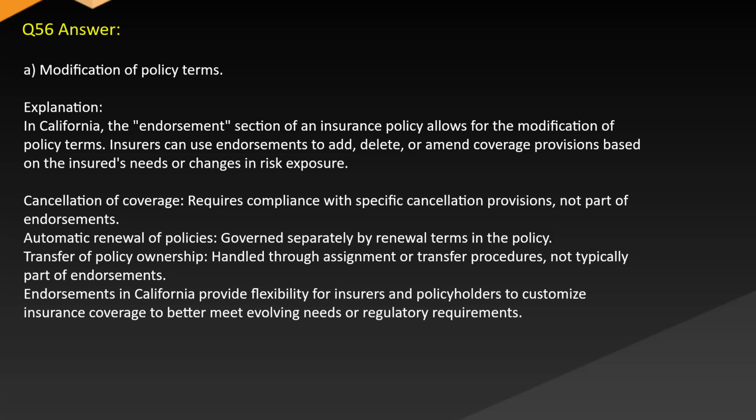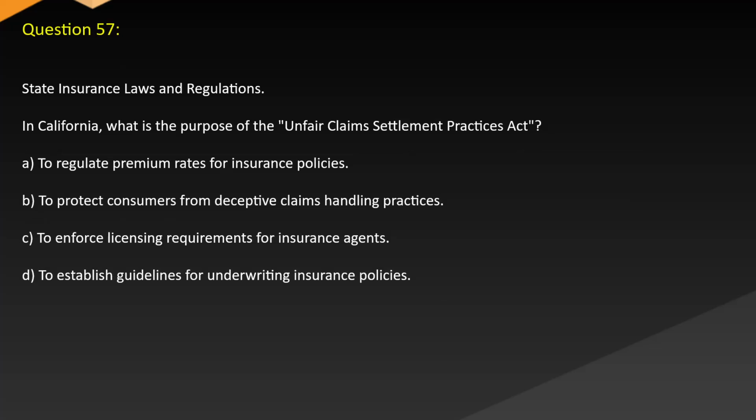Automatic renewal of policies is governed separately by renewal terms in the policy. Transfer of policy ownership is handled through assignment or transfer procedures, not typically part of endorsements. Endorsements in California provide flexibility for insurers and policyholders to customize insurance coverage to better meet evolving needs or regulatory requirements.